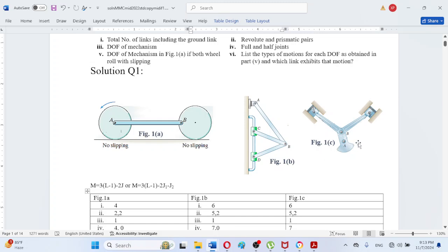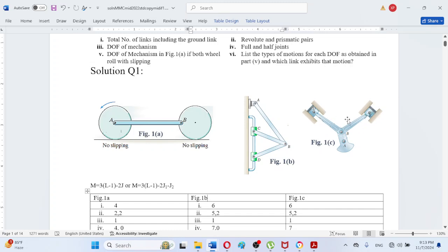In figure 1c we can observe that there are two revolute joints between these two pistons and these two connecting rods.